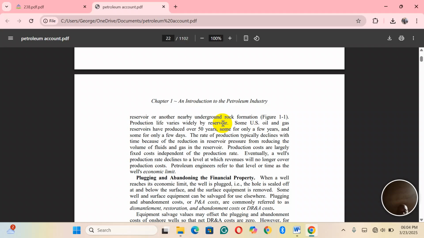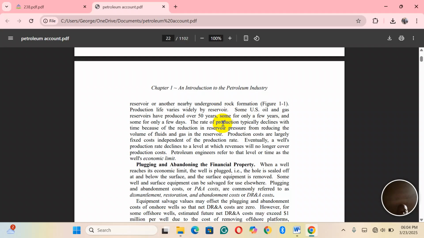Plugging and abandoning costs, the P and A costs, are commonly referred to as dismantlement, restoration and abandonment costs, or DR and A.